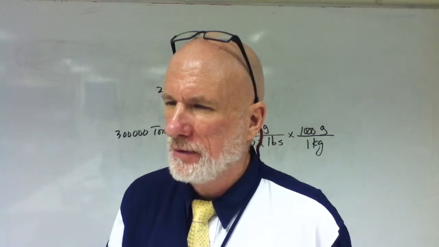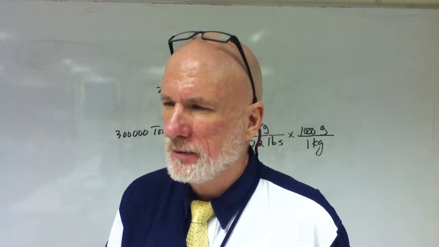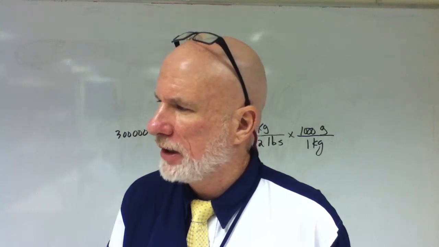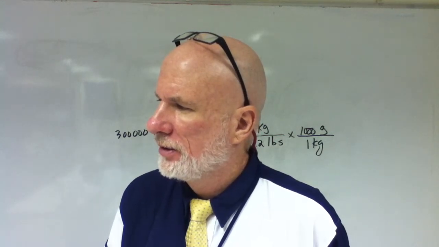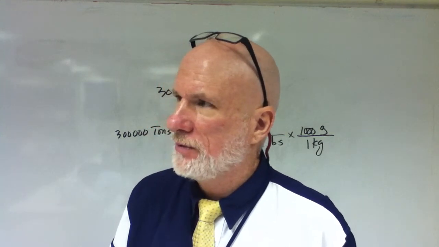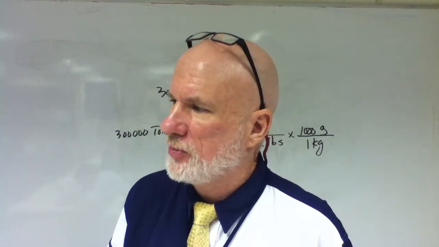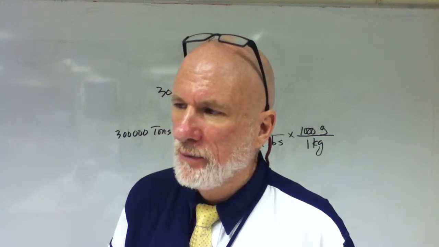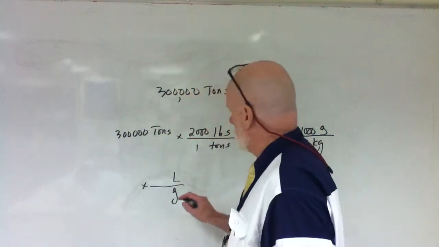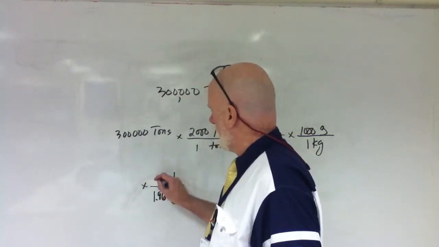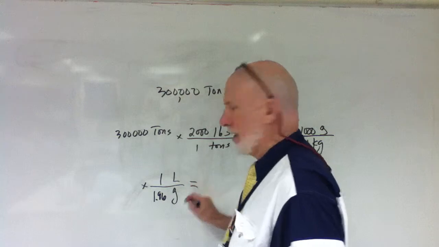What was the density of carbon dioxide that we came up with per liter? What is 44 divided by 22.4? 1.96. So it was 1.96 grams per 1 liter, right?